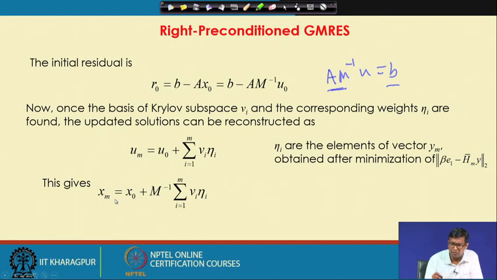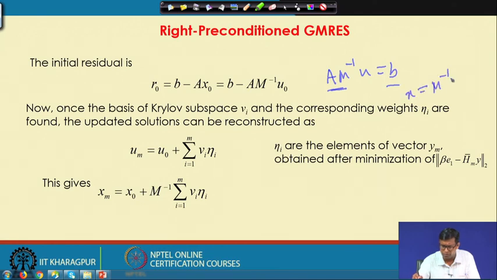We also know that x is equal to M inverse u. So, we will multiply M inverse here and we will get x. x m is equal to x 0 plus M inverse V i eta i.